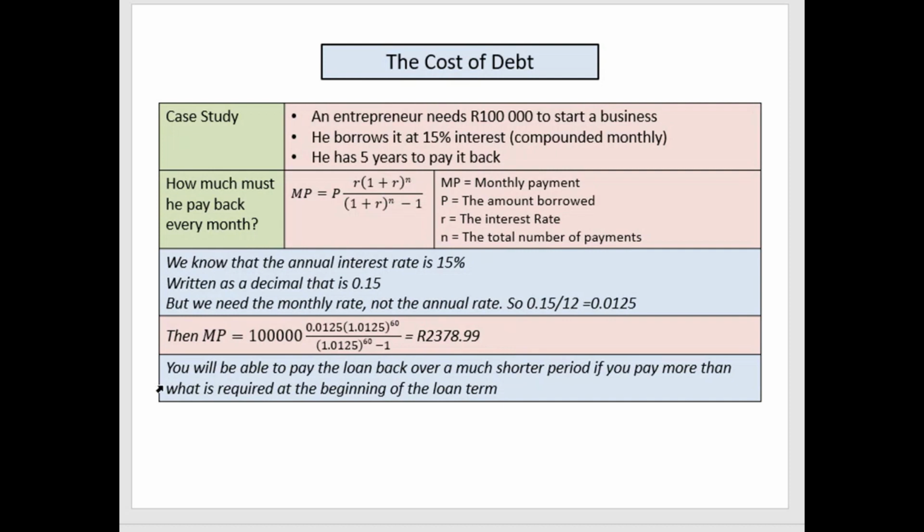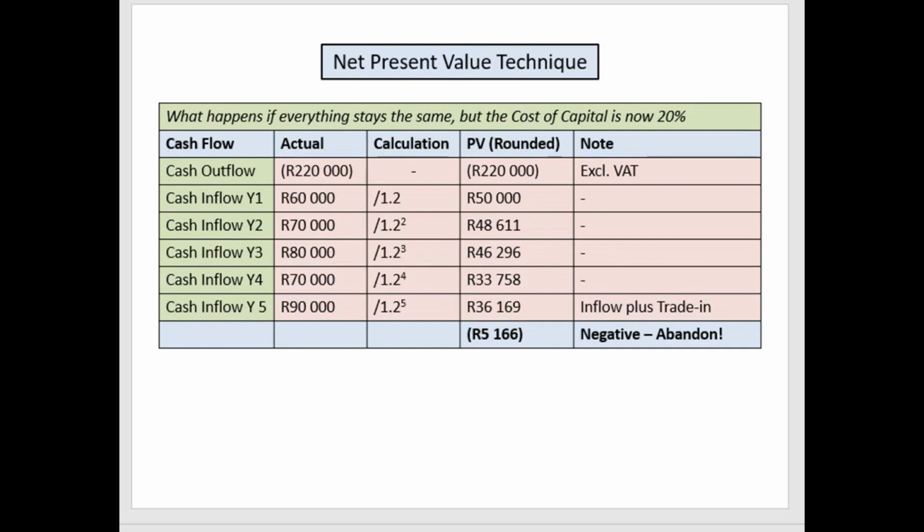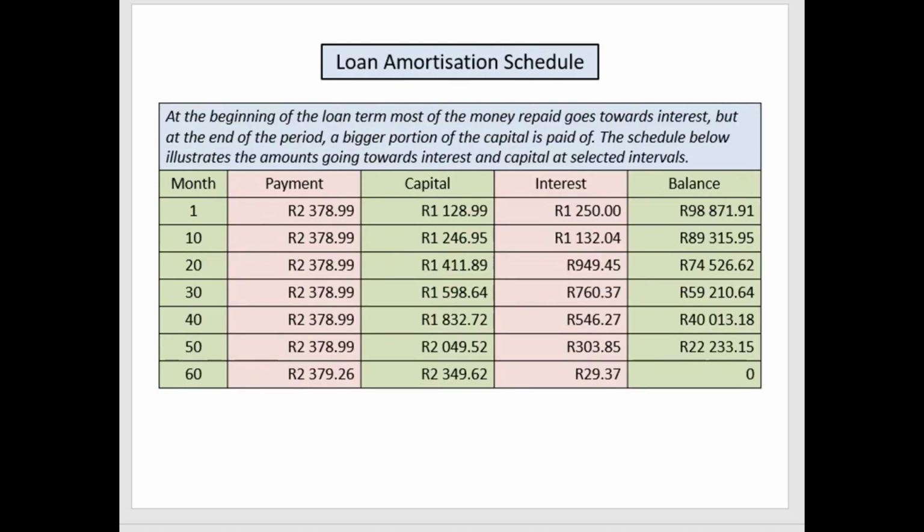Okay, so you will be able to pay the loan back over a much shorter period if you pay more than what is required at the beginning of the loan term. Why? Let me explain to you why. Because here you now have your loan amortization schedule, but it's a sampled one. If you had the real loan amortization schedule, it would have month 1, 2, 3, 4, 5, 6, 7, 8, 9, 10, up to month 60.